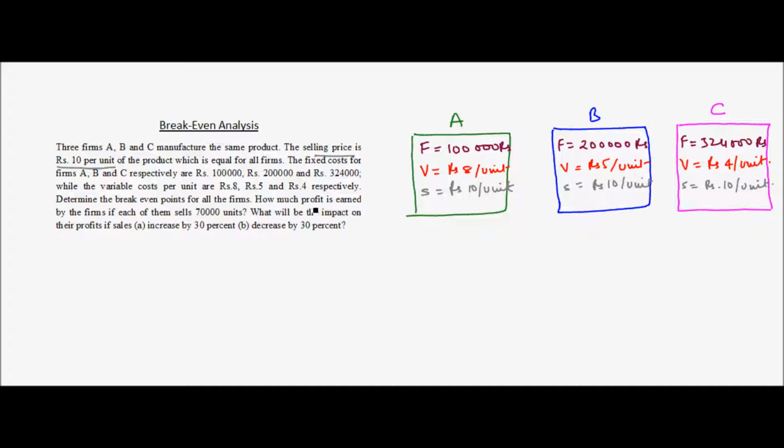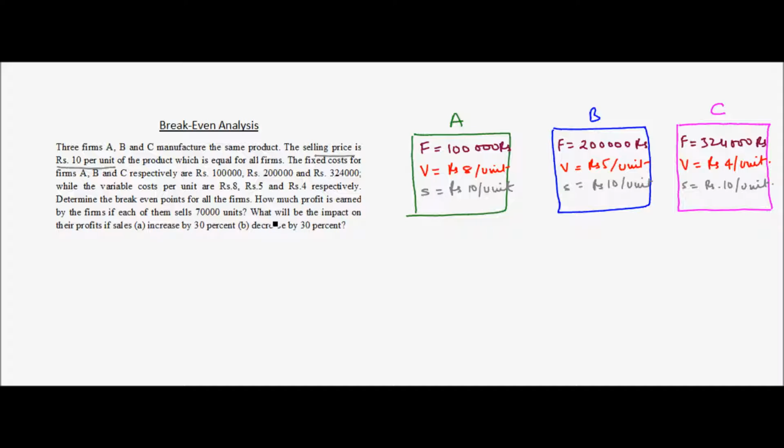Next, we have to find out how much profit is earned by the firms if each of them sells 70,000 units. So basically, whatever break-even point we find, that number of units will be the number of units at which the firms will have no profit, no loss. And then if they keep on selling more units till 70,000 units are sold, how much is the profit that these companies will earn?